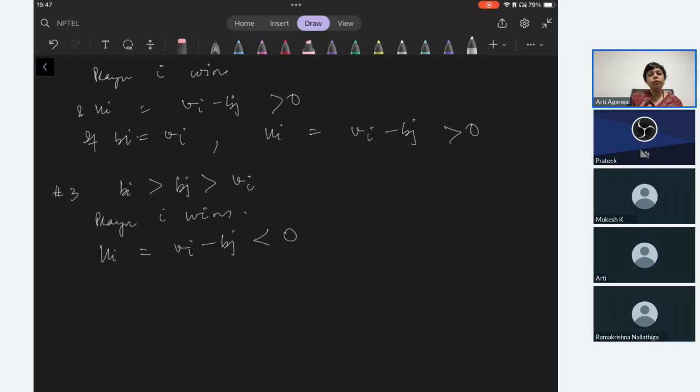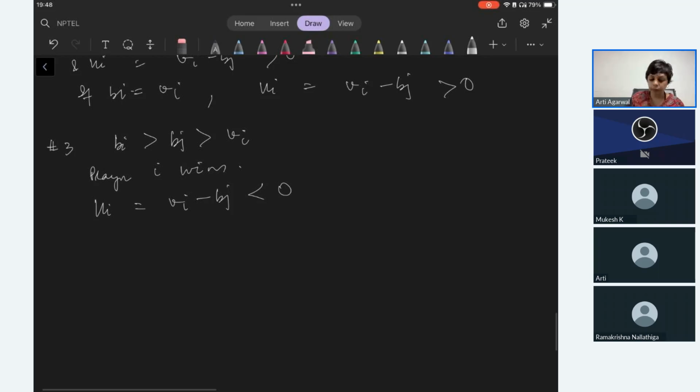If your own valuation is less than the bid of the other player, the second highest bidder, or any other player who could be the second highest bidder, you will never want to bid more than your valuation, because if that ends up being more than bj, then you're going to have to pay bj and you will end up with negative payoff, right? So this case is not desirable for player i at all. So let's say this is not actually weakly, this is a strictly dominated strategy.